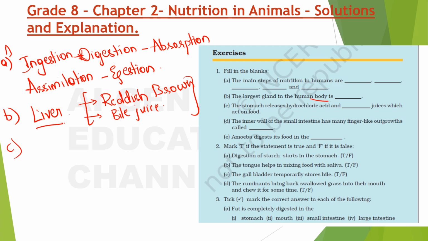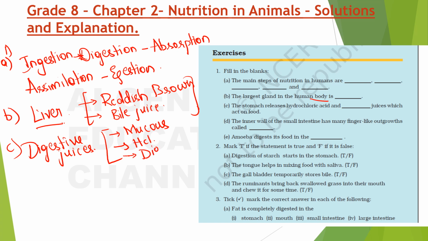Next, C. The stomach releases hydrochloric acid and dash juices. The stomach releases hydrochloric acid and digestive juices, right? So apart from this, what are all the things the stomach releases? It releases mucus, right? Hydrochloric acid and digestive juices.